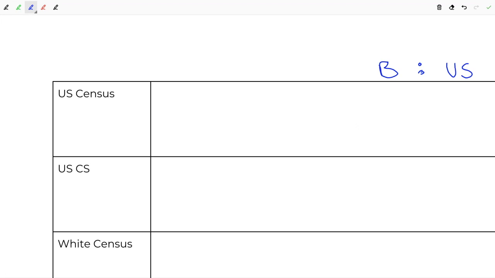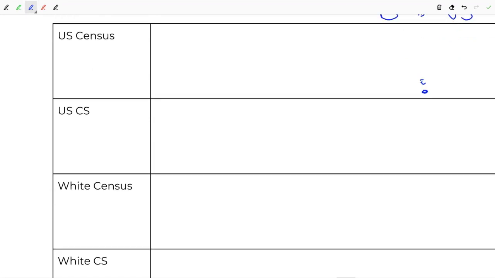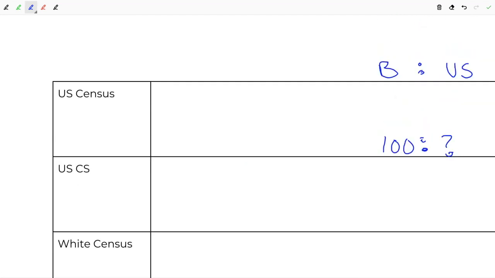Okay, so we're going to set up a ratio of black people in the census and total people in the U.S. Census. So our final ratio is going to be 100 on the left, and we want to find out the answer on the right.